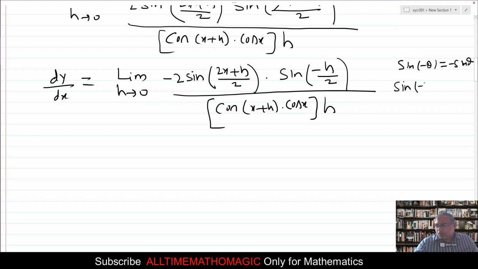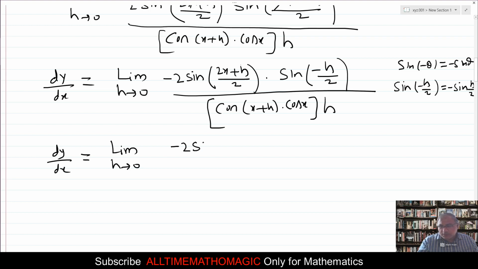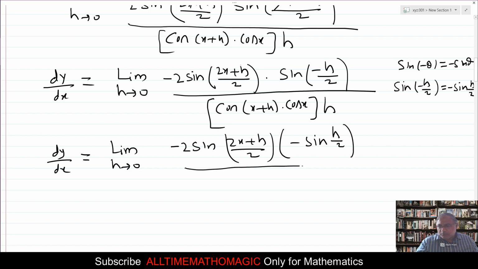Therefore, sin of minus h by 2 equals minus sin h upon 2. Therefore, dy by dx equals limit h tending to 0 of minus 2 sin of (2x plus h) upon 2 into minus sin h upon 2, divided by cos of x plus h cos x, and here is an h.